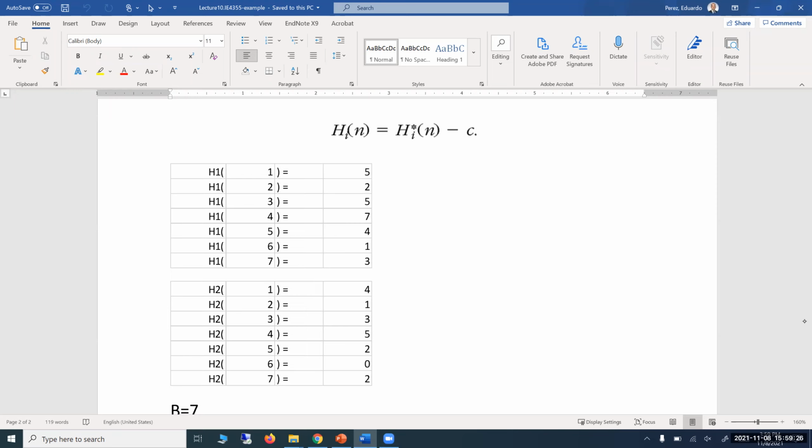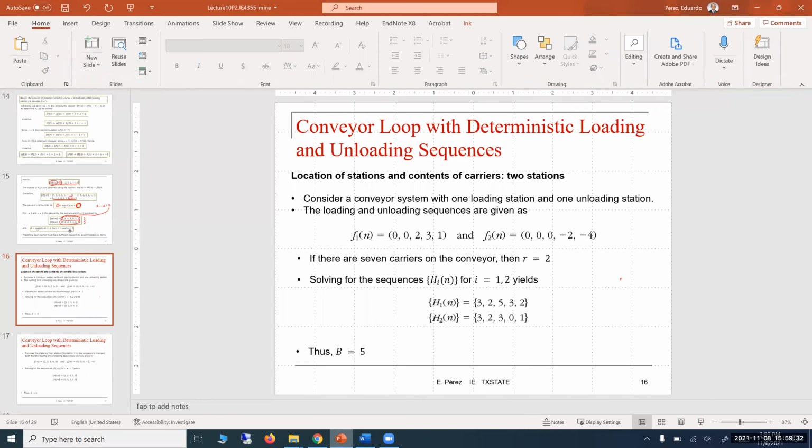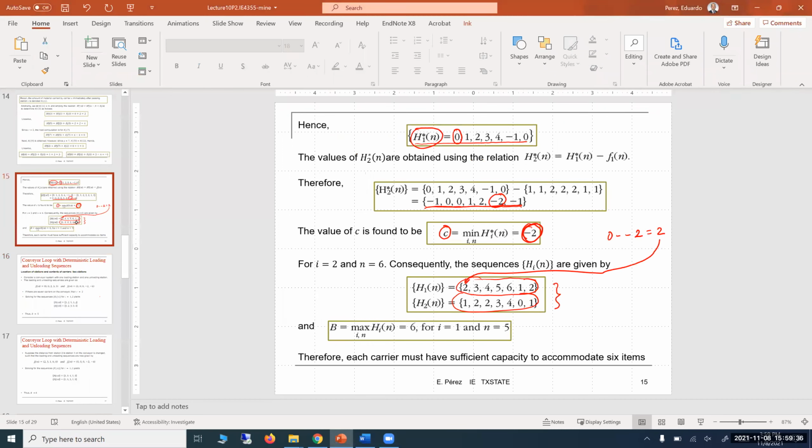So the reason I'm presenting this example is that you can see for the previous example, the capacity here with 9 carriers, we're seeing that we only need space for 6 items per carrier.